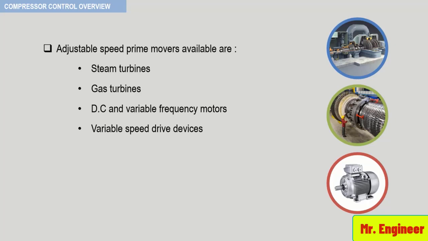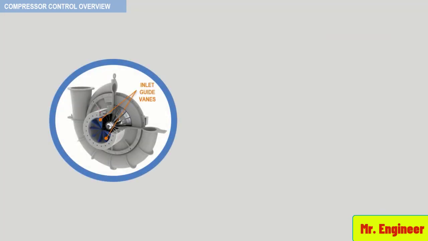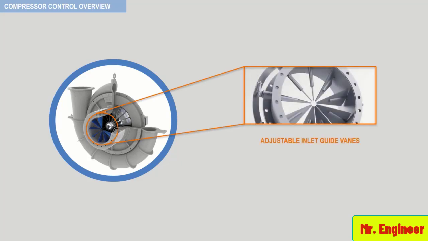However, where the alternative of variable speed is not available, adjustable guide vanes can be used. Adjustable guide vanes vary the compressor characteristic curve by changing the velocity of the gas through the impeller. This is achieved by changing the inlet angle of the gas and therefore altering the velocity relative to the blades.